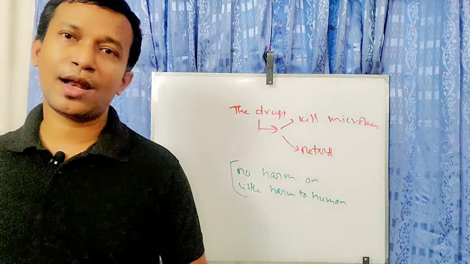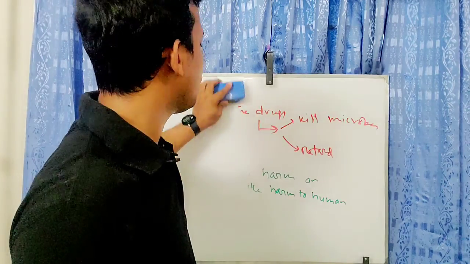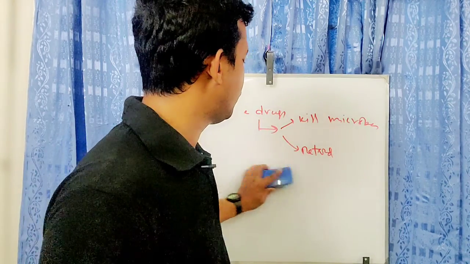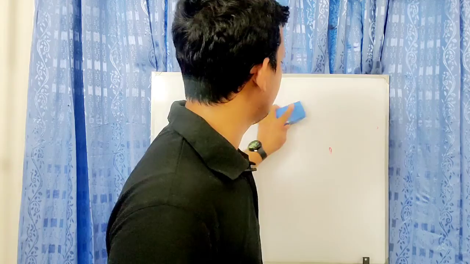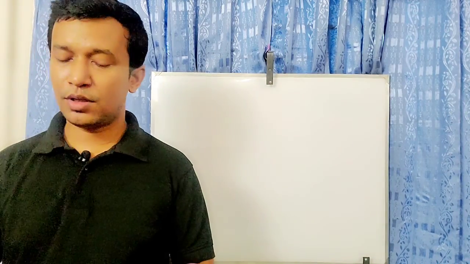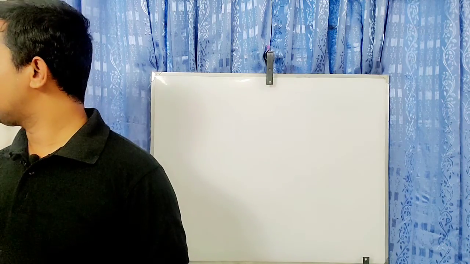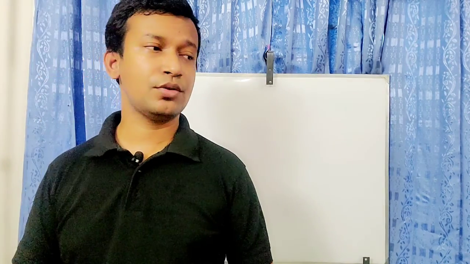So these are the basic definition of antimicrobial agents. If we want to classify antimicrobial agents, there are a lot of ways you can classify them, like based on their chemical structure, their function, their activity.